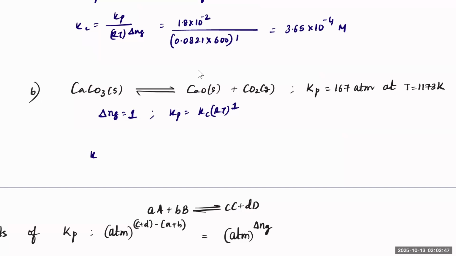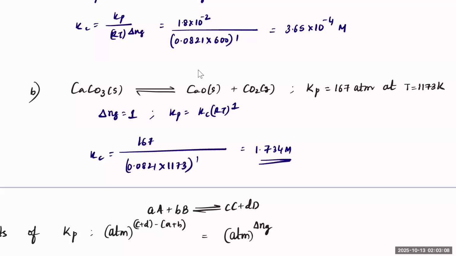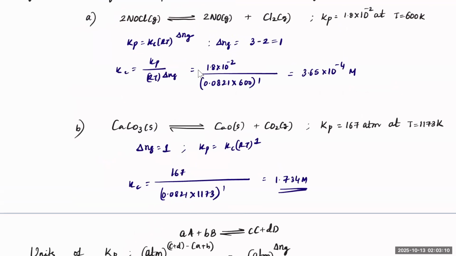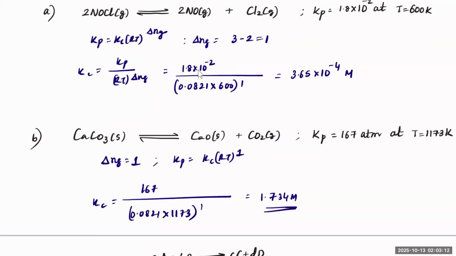So from here, Kc will be equal to Kp, which is 167, divided by 0.0821 into 1173, which is the temperature, raised to power of 1. So this is coming out to be 1.734 molar. Please do check, everybody, if you got that.